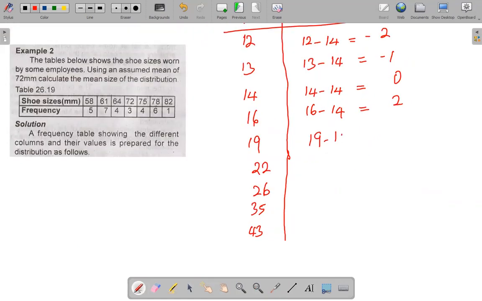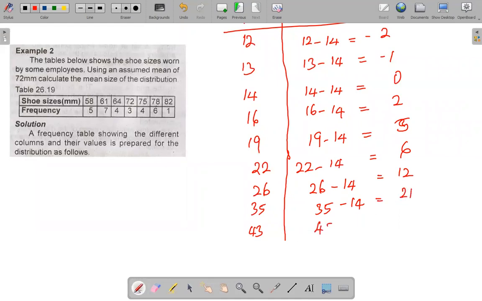19 minus 14, which is 5. 22 minus 14, which is 6. 26 minus 14, which is 12. 35 minus 14, which is 21.